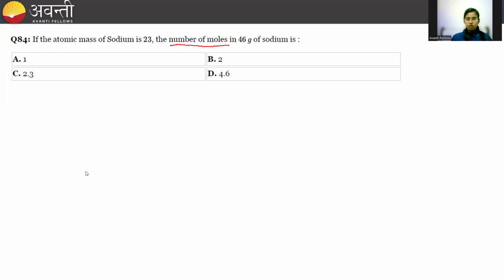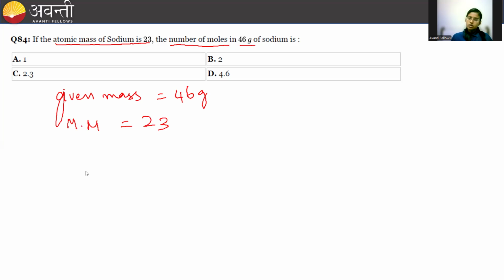So we have the atomic mass value as 23, okay, and the given mass of sodium as 46. So the given mass is equal to 46 gram, and the molar mass or the atomic mass of sodium is equal to 23.